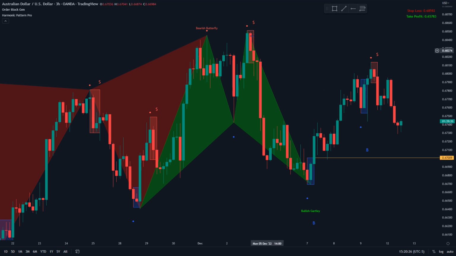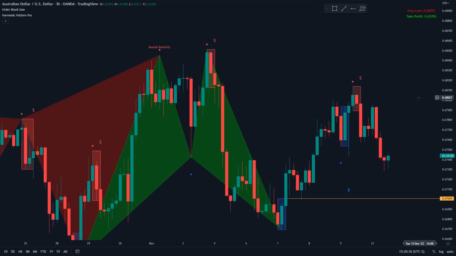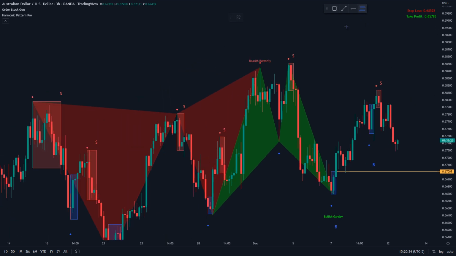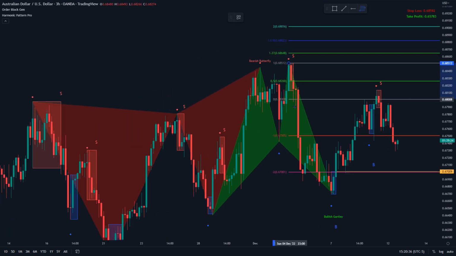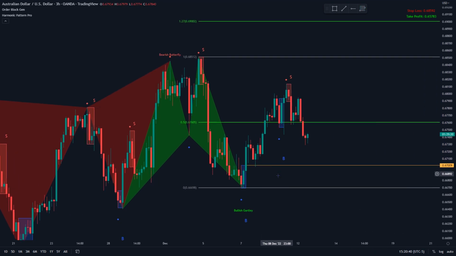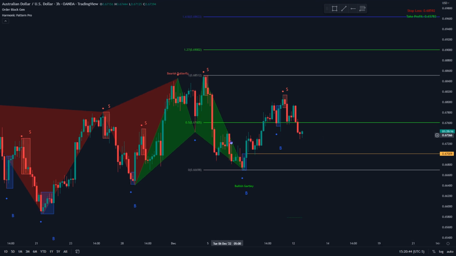Now, there's a few different ways. Just quickly go into some harmonic pattern stuff. If we mark this high to this low, as far as take profit levels, the most recent leg down or up, you can have the 50% mark as a good first take profit.